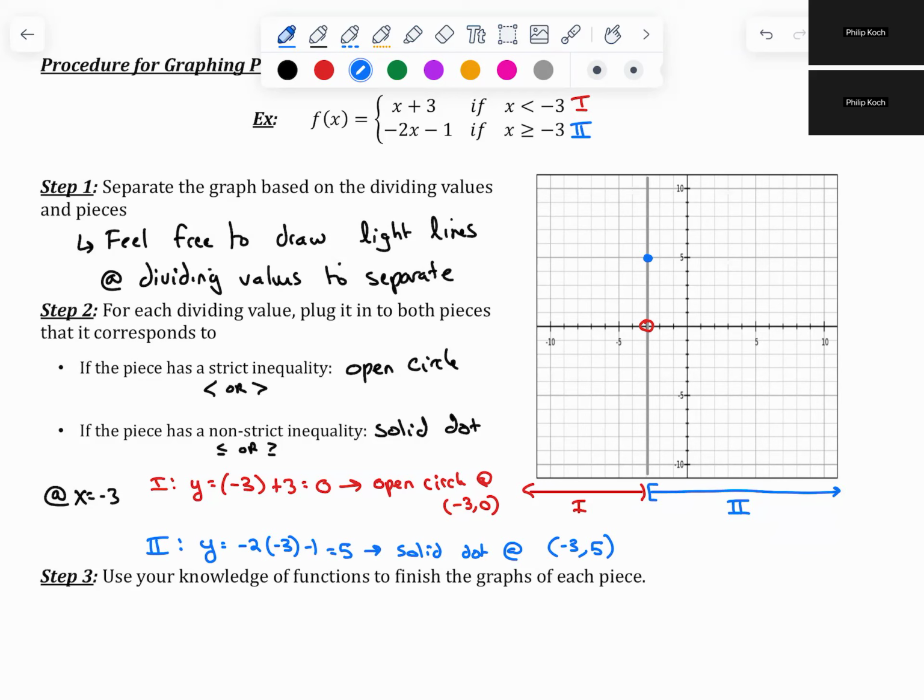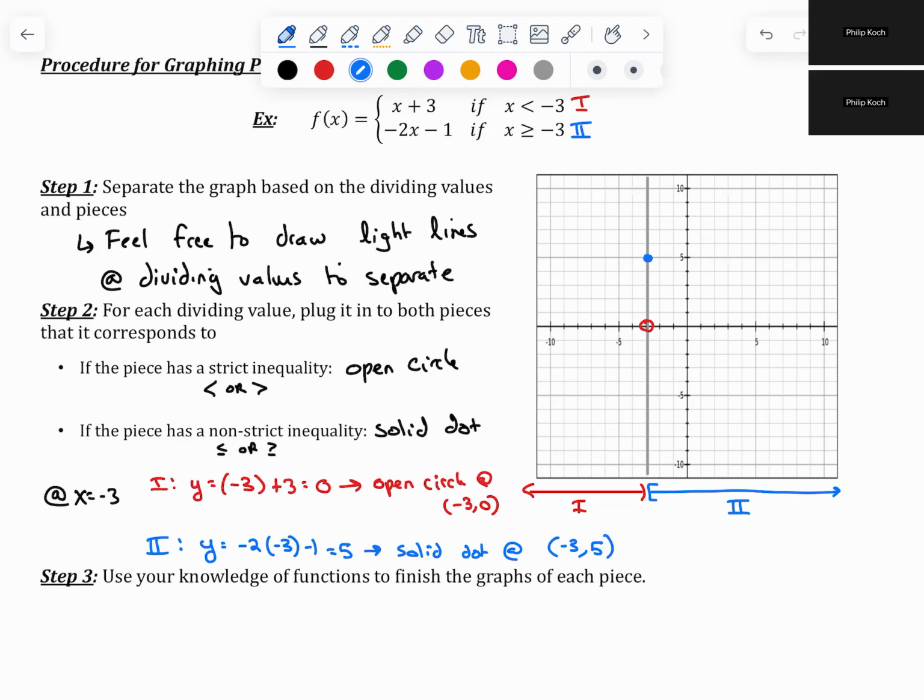All right. So why do this? You can't plug negative 3 into the first piece. It's strictly less than, but that means that you can plug in negative 3.000000000000001. And I guarantee you, if you plug that into your calculator, you will get basically 0.